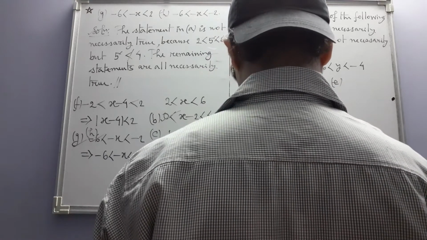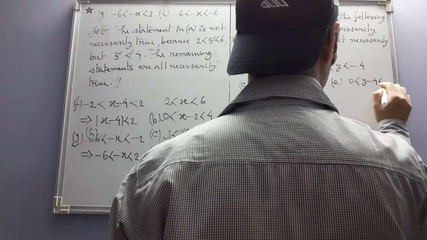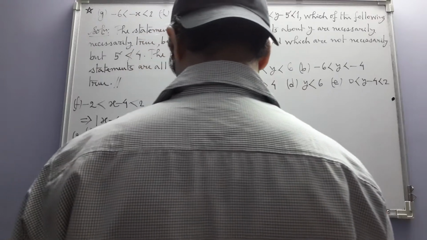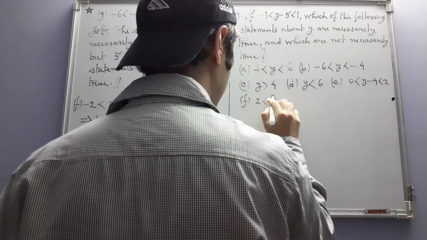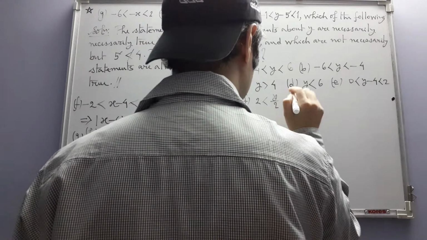E, 0 is less than y minus 4 and y minus 4 is less than 2. F, 2 is less than y divided by 2 and that is less than 3.